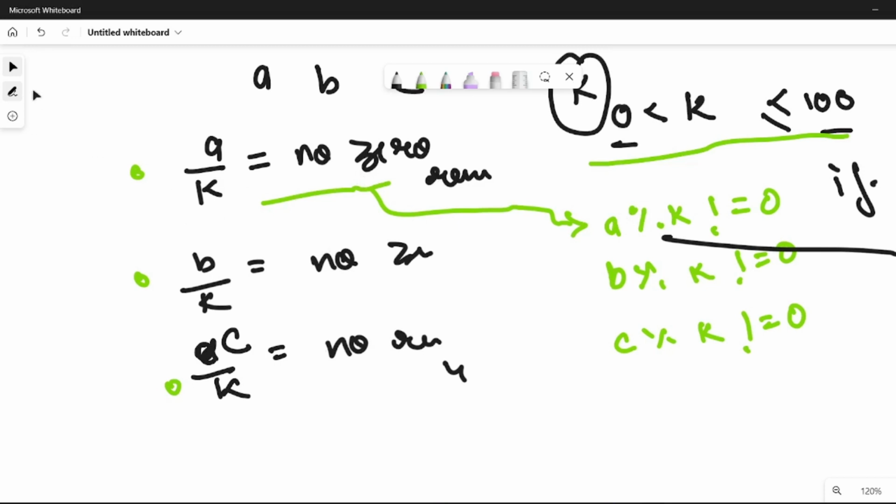This equation could be very well written like this in our programming format, and I have done the same with the rest of the two equations. Then we want to find a k that satisfies all three conditions.